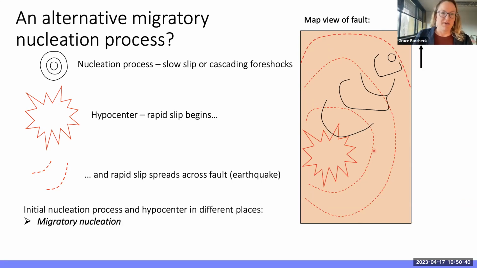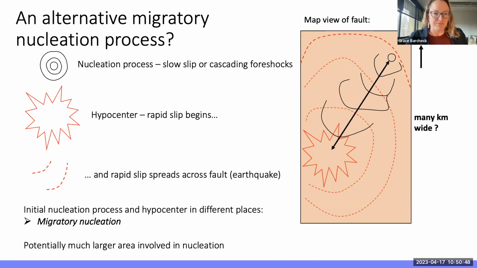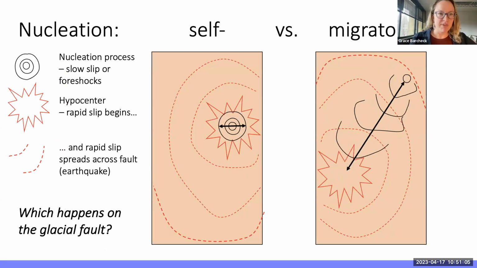In this model, the initial nucleation process and the hypocenter are in different parts of the fault, which we might call migratory nucleation, and potentially there's a much larger area involved in the nucleation. That might be good, because it might be easier to see if faults actually do this in the real world.